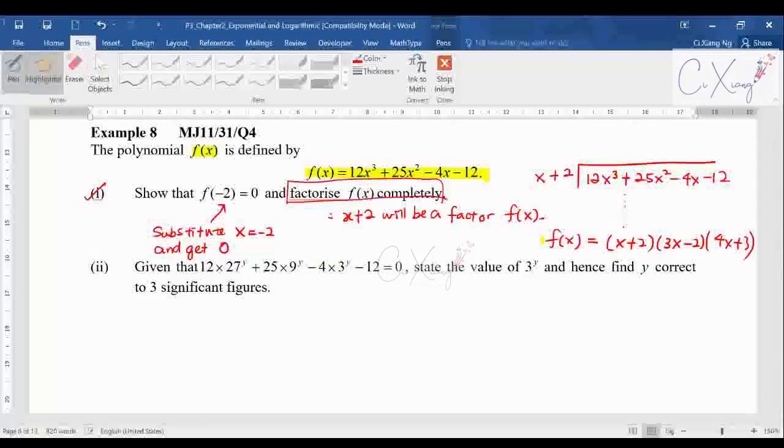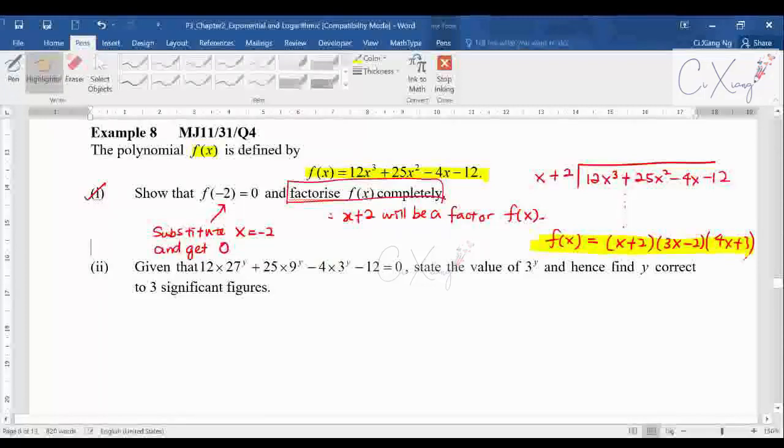Okay, so this is the answer for factorize f(x) completely. So you apply the long division and then think about how to write the answer into f(x) and factorize it in detail. Again, if you have forgotten what you learned in chapter 1, please do some simple revision for the polynomial part. I'm not going through all this in detail anymore, so make it a practice for yourself.